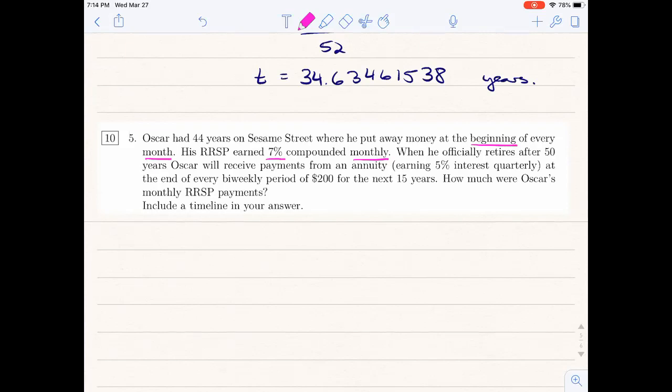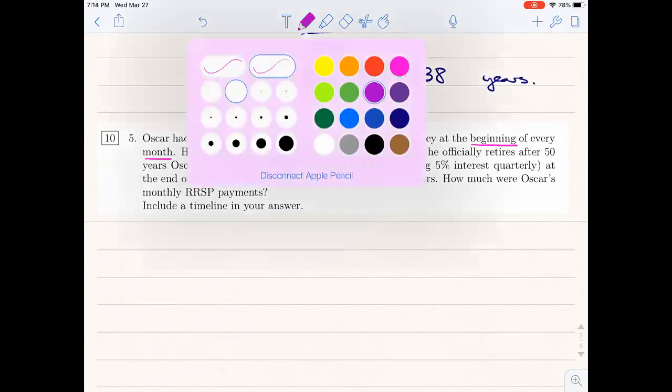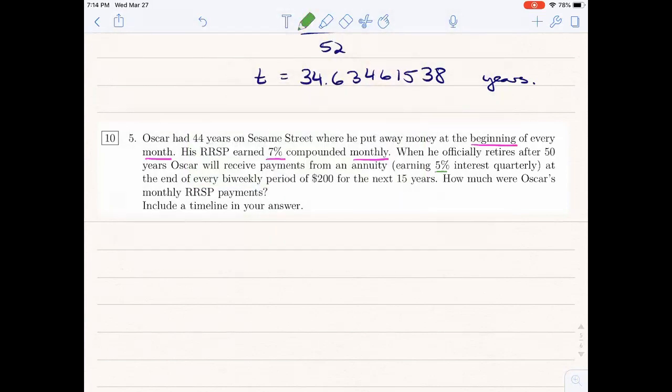And we're going to assume that it's 7% compounded monthly for that time as well. So after 50 years, Oscar will receive payments from an annuity earning 5% interest quarterly, at the end of every bi-weekly period for the next 15 years.